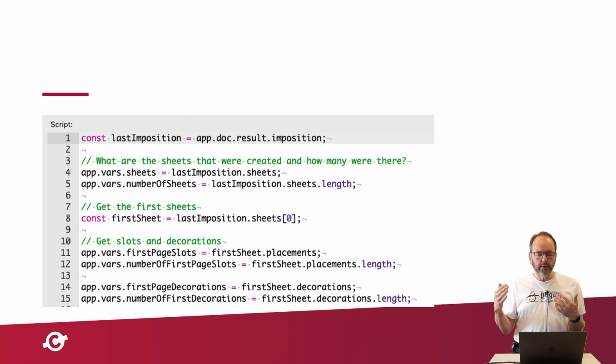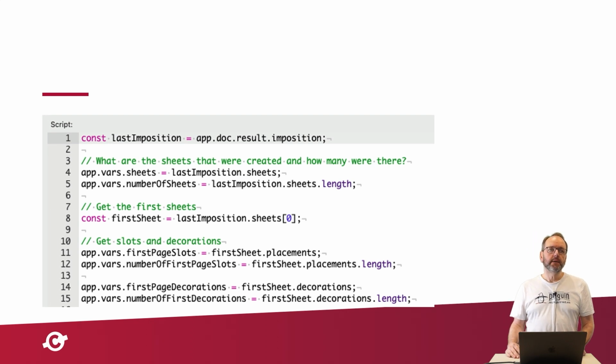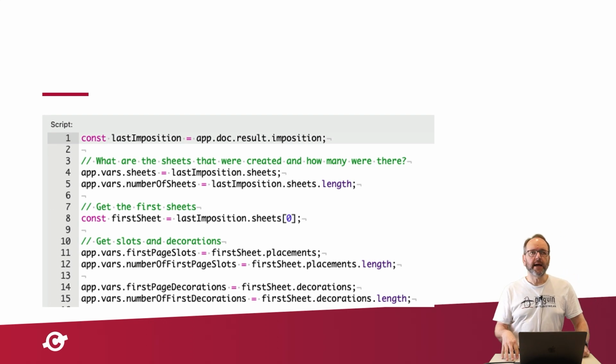And that is very similar to something that already happened. When you run pre-flight in a process plan, you have in this app.doc.result object the result of that pre-flight step. And that allows you to look at the hits that were generated by pre-flight checks and so on.